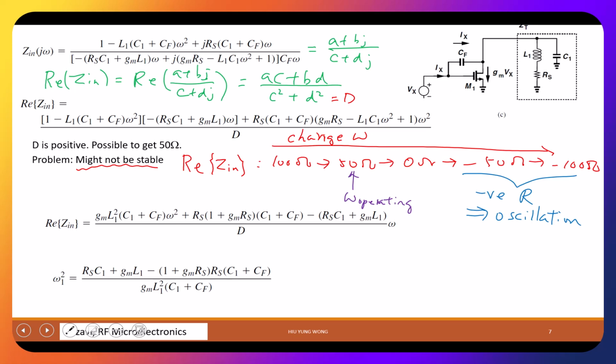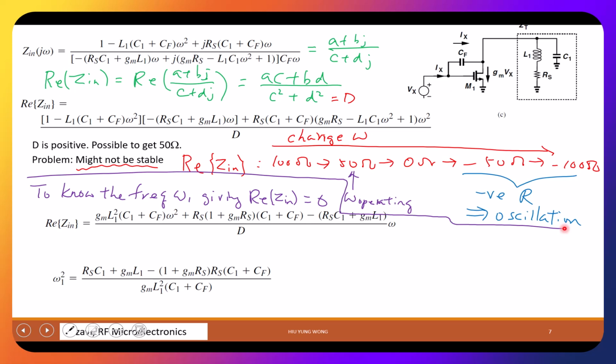Okay, so how do I know if it will oscillate? To know, I will try to find the frequency omega 1 that gives the real part of Zin equal to 0.